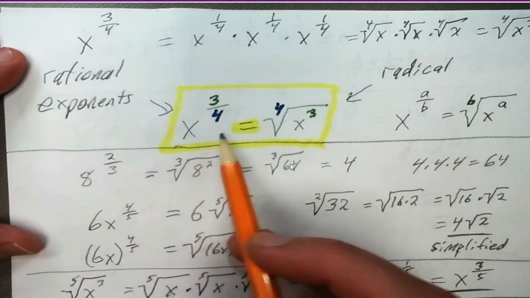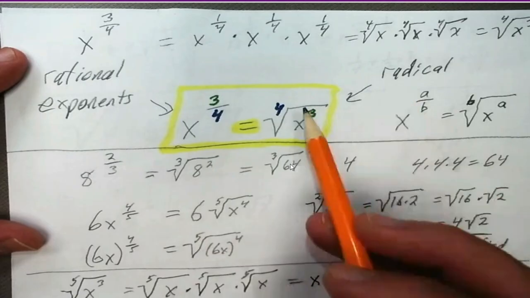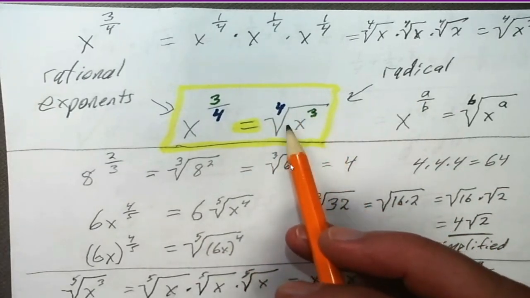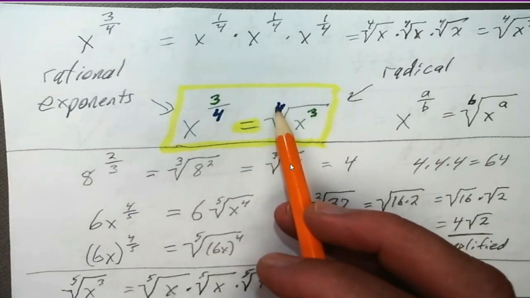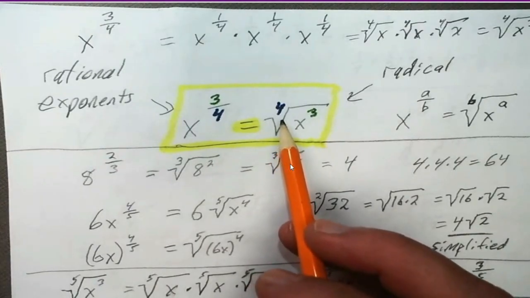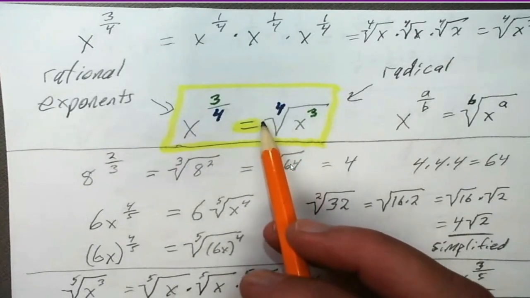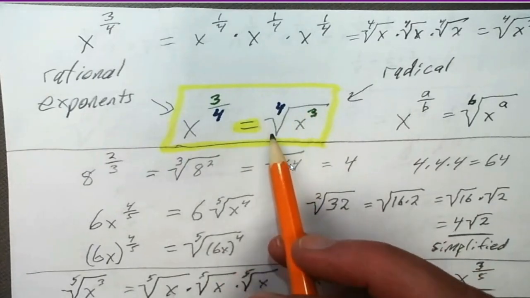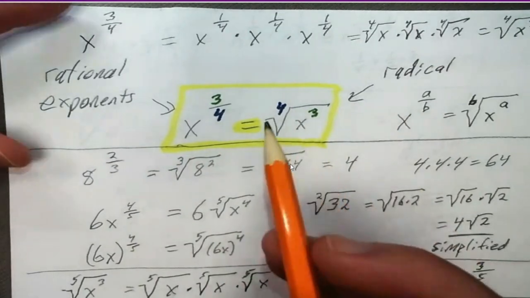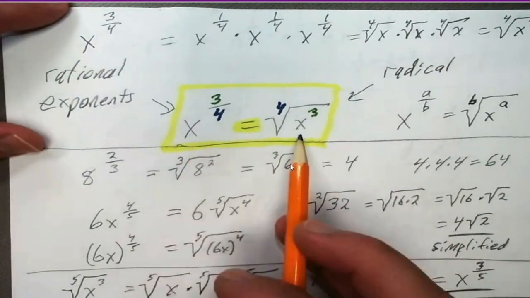How to convert that to a radical expression. A radical is this symbol right here. We use the square root. In this case, this is a 4th root because there's a number out here in the index position. If there's no number, it's just a square root, right? And that's what we're used to. We're more used to square roots than using other roots. But we learned how to convert back and forth.